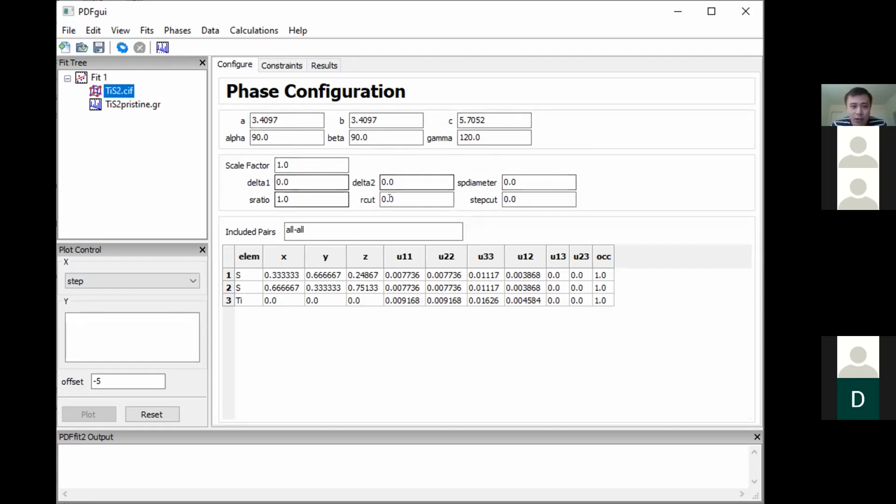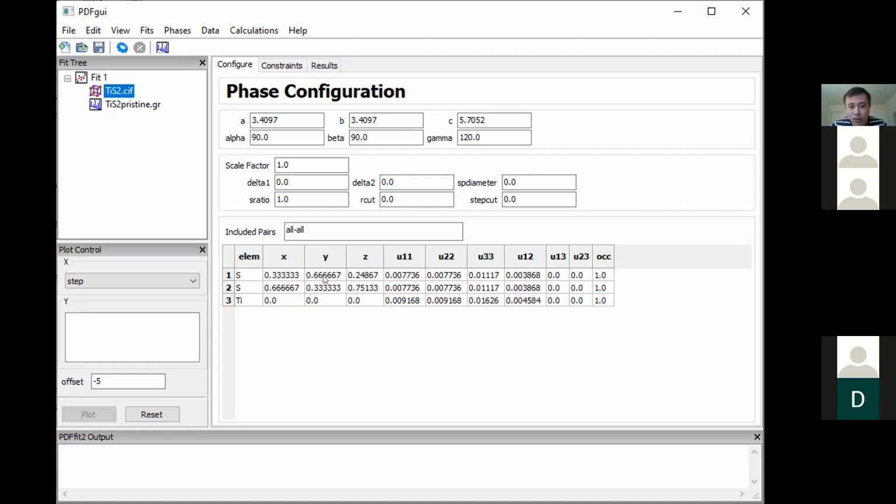We'll explain this part later. And here is the structural information. So you get the sulfur and titanium. And you remember the Wyckoff site for sulfur is actually 2d, which means in one unit cell, you should be expecting 2 sulfur atoms. And that's exactly what has been done here. So this is original site.